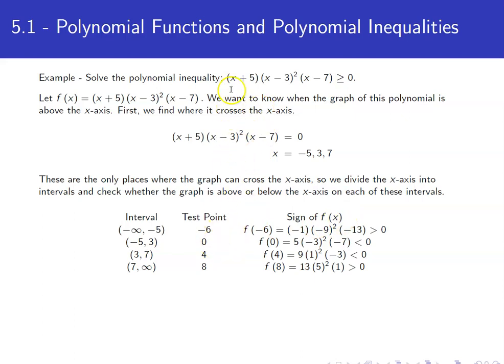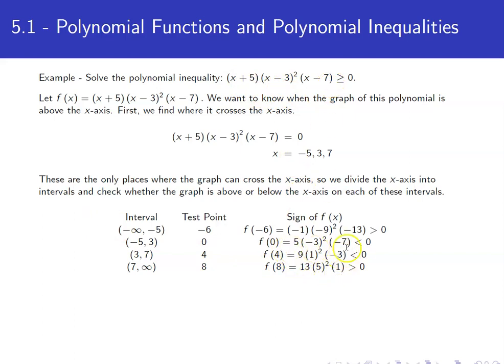So if we go back to the original and put in -6, well, this term will be negative. This term will be positive no matter what we plug in. This term will also be negative. So we get negative times negative makes positive. So the function is positive at -6, so it's positive at all points in this interval. Put in 0, we get positive times negative.